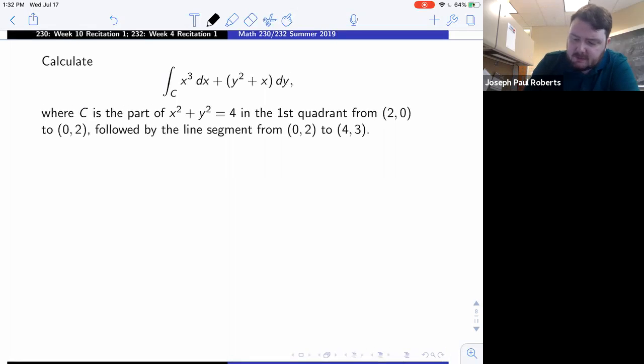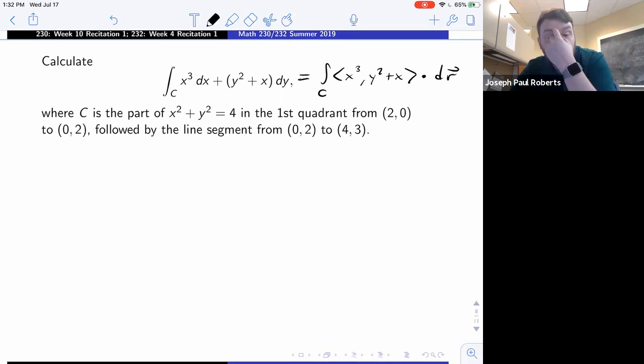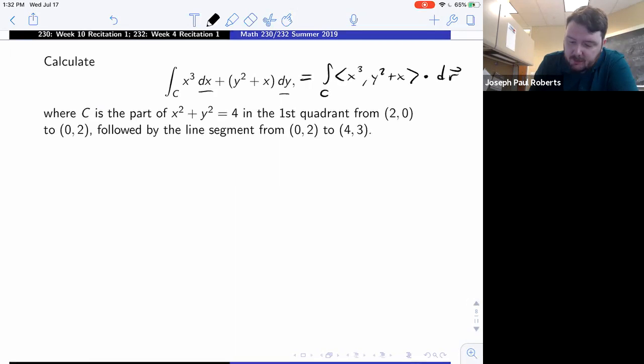So again, this is the alternate notation for the vector field work. So remember, you think of dr as being dx comma dy, and then you think to yourself, okay, for which vector field is that the dot product with dx comma dy?